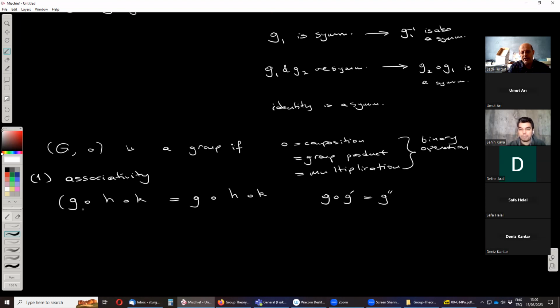Should I do the operation of G and H first and then with K? Or should I do it first like that and then with this? Okay. So the claim here is that we are assuming as an axiom that this operation is associative. So it doesn't matter whether you do the operation like that or like that, you get the same thing. Okay, so that's the first property.